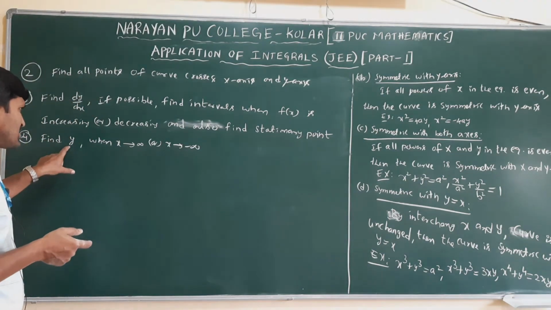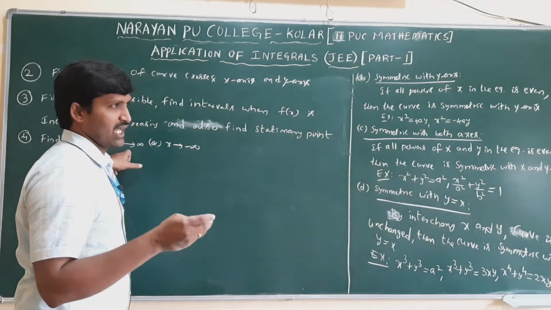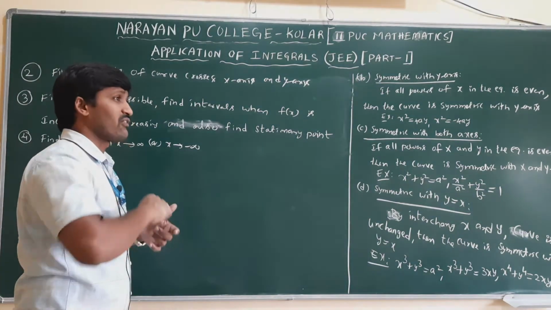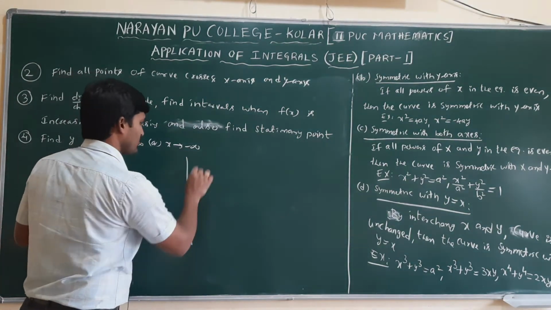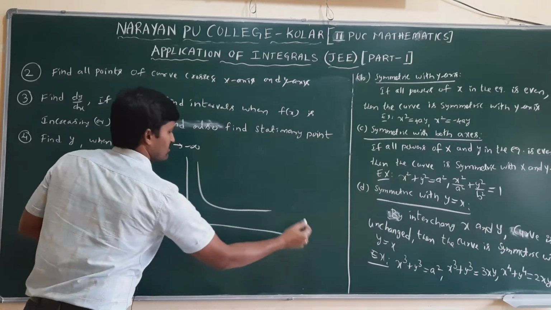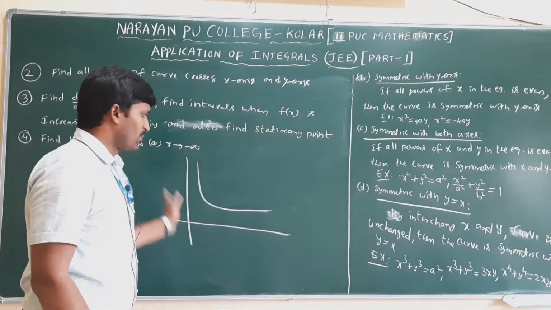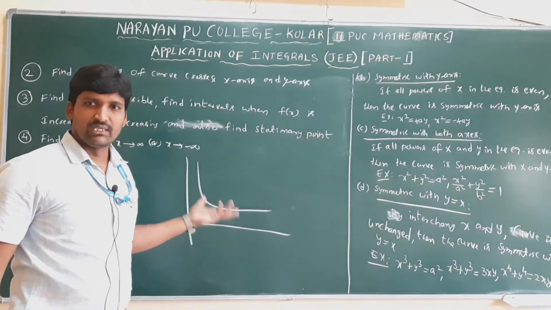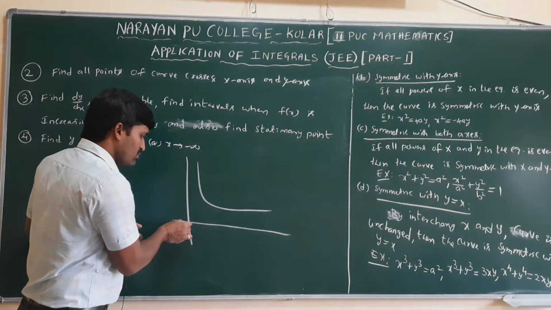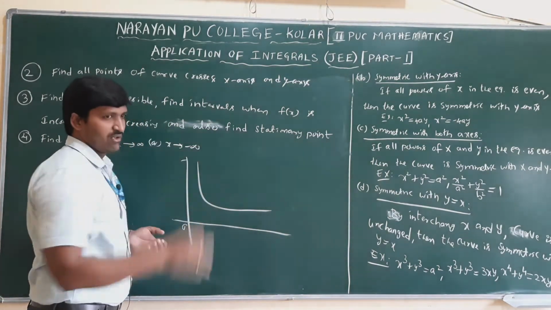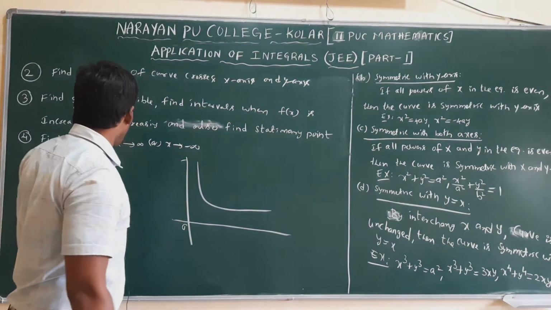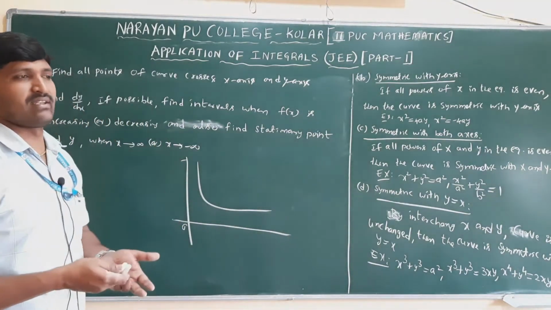It is required based on limits when we don't know the x values, when the curve is infinite. For example, the curve is there like this. We need to find the complete area. We don't know which area we need to find. So what you will do in this case, from 0 to infinity you will take. From 0 to infinity, y means what? In terms of x only you will get.